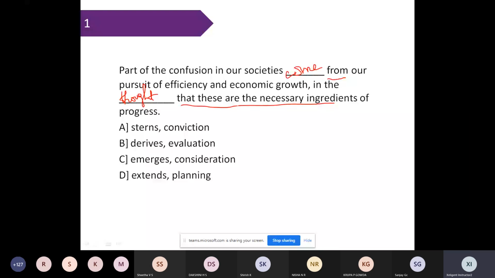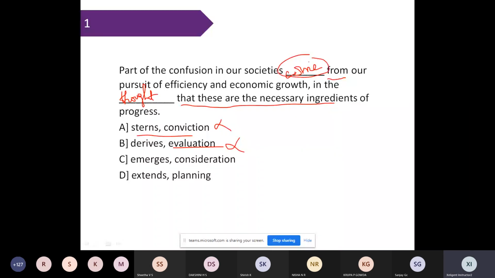Option A, stern and conviction. Stern is something very severe. Conviction is belief. So here it will not come. Next, derives and evaluation. Evaluation is assessment or judgment. Derives will not come here because my guess word is come.